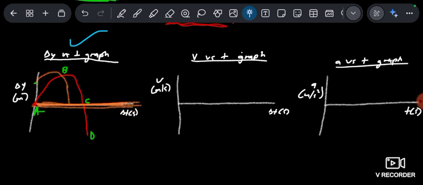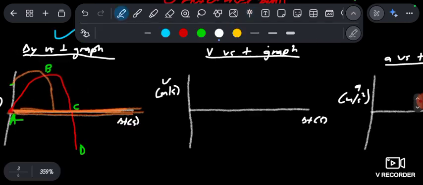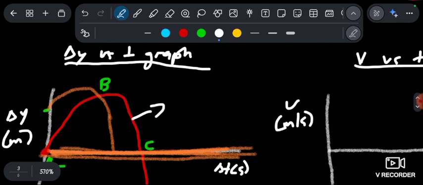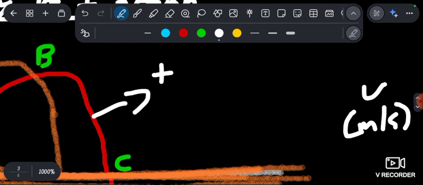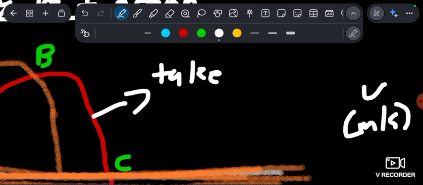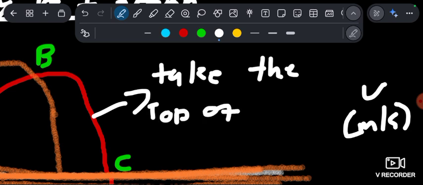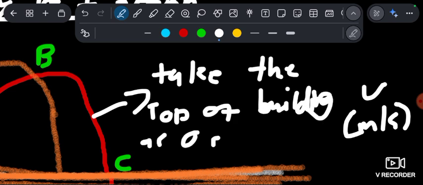So it's two scenarios. Let me label them. The red one is when you take the top of the building as 0 reference point.